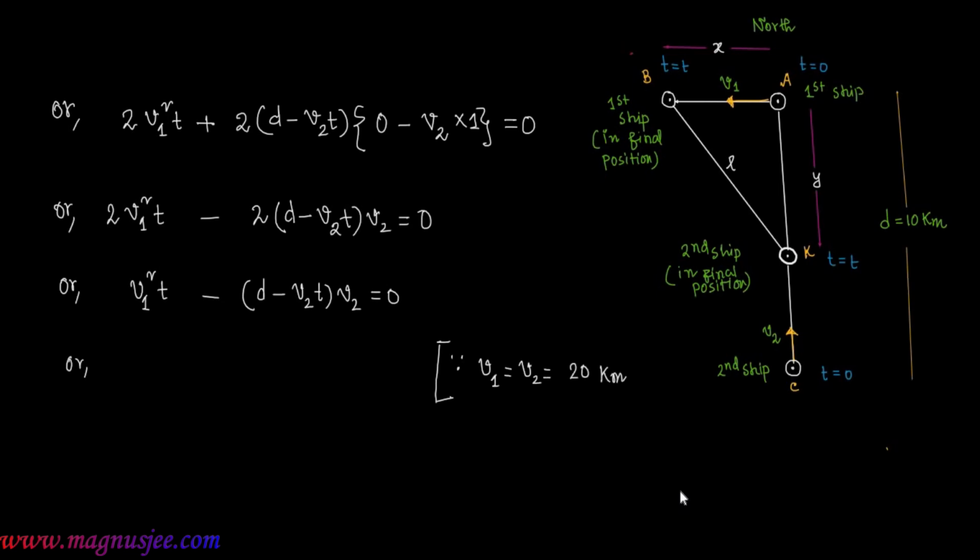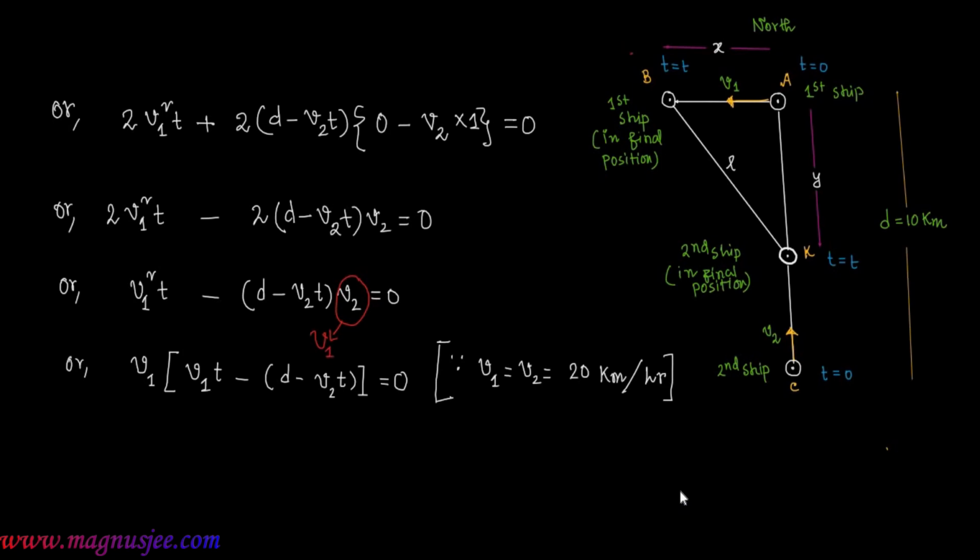Now in the next line we can write, according to the numerical problem, v1 is equal to v2 is equal to 20 kilometer per hour. That means velocity of the first ship and second ship will be equal. That's why v1 can be taken common. v1 (v1 into t minus (d minus v2t)) is equal to 0.